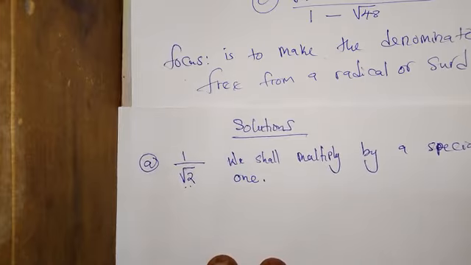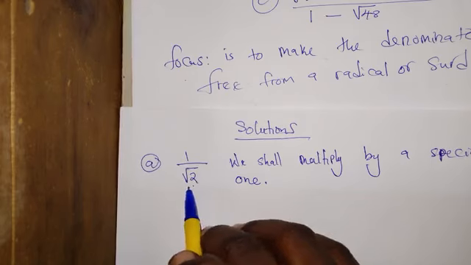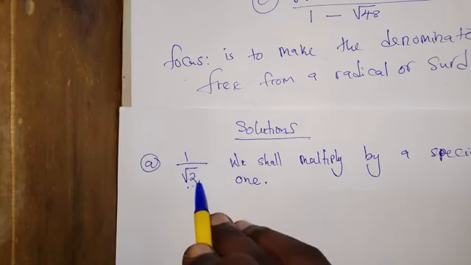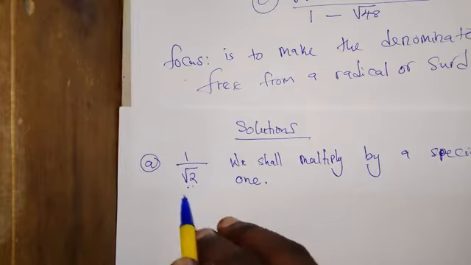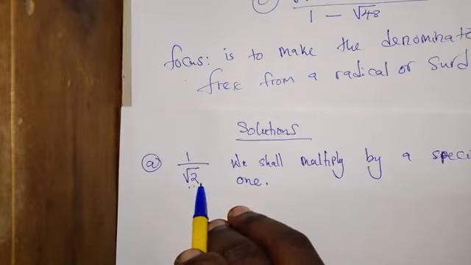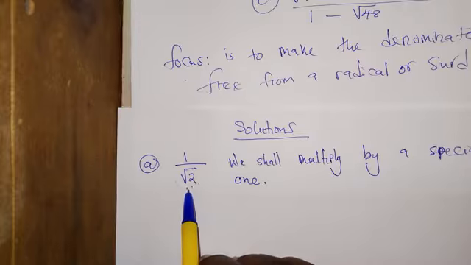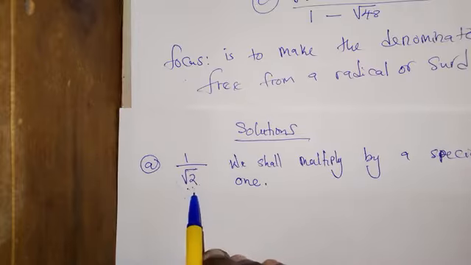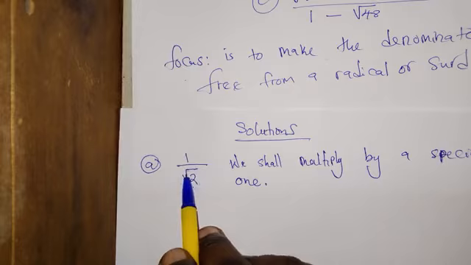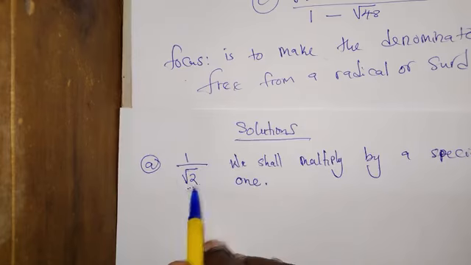How does this special one come about? You're rationalizing the denominator, which means you're supposed to get rid of the radical in the denominator. Remember, we did some properties on how to do operations on surds.